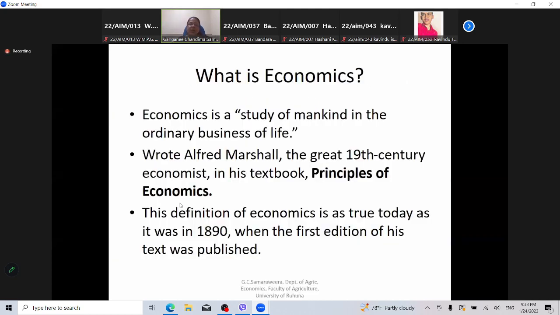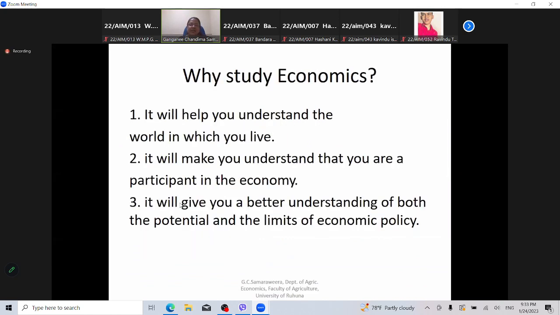So then in economics, we need to discuss how people take rational decisions related to the usage of scarce resources to fulfill unlimited needs and wants.